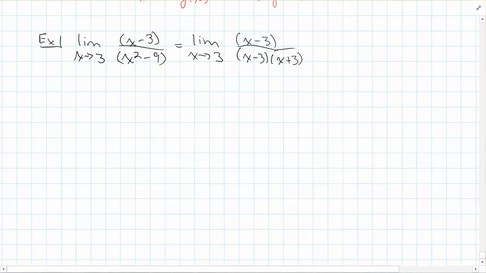If you can reduce, the limits stay the same, so I can cancel out those x minus 3's, and this is just the limit as x approaches 3 of 1 over x plus 3. Now I can just plug in the 3, so this would be equal to 1 over 3 plus 3, which is 1 over 6.